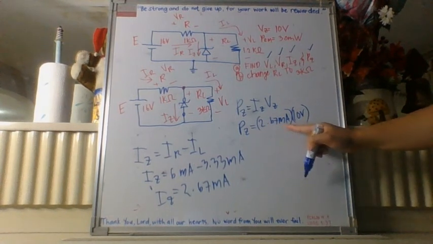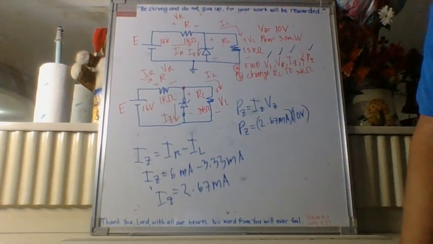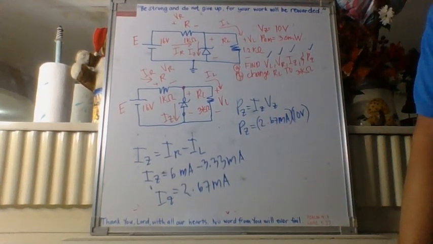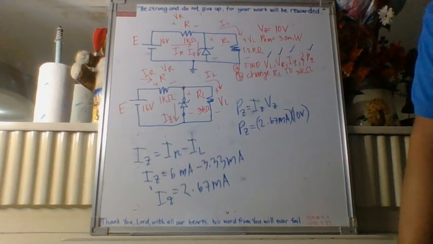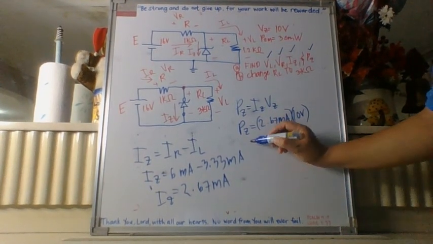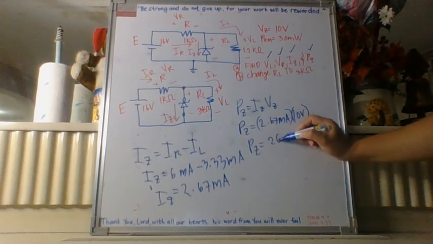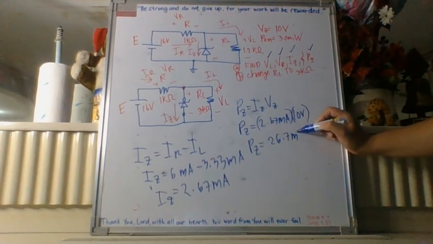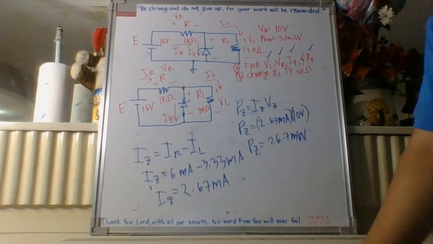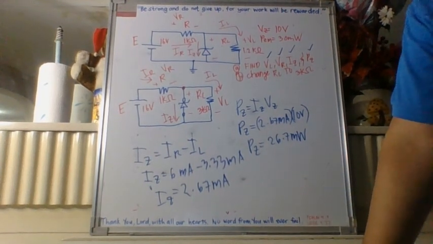We have milliamperes times volts. Ang magiging unit niyan ngayon ay milliwatts. So the Zener power is 26.7 milliwatts. So this is the power being consumed by your Zener diode.